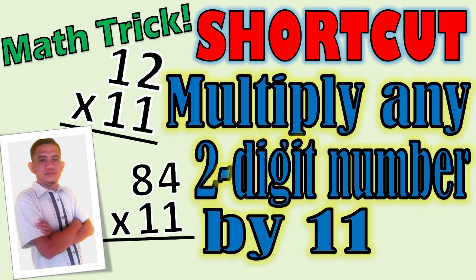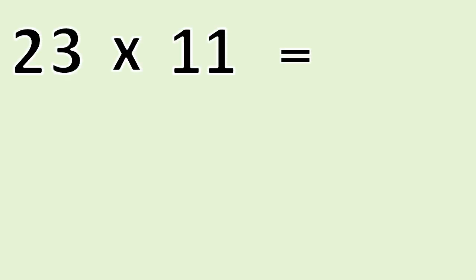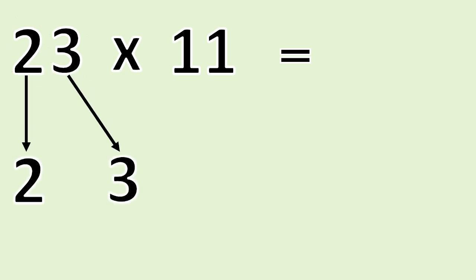In today's quick tutorial, I'm going to show you an amazing shortcut for multiplying two-digit numbers by 11. Let's take 23 times 11. Here's the shortcut. First, split the digits 2 and 3. That gives you 2 and 3.